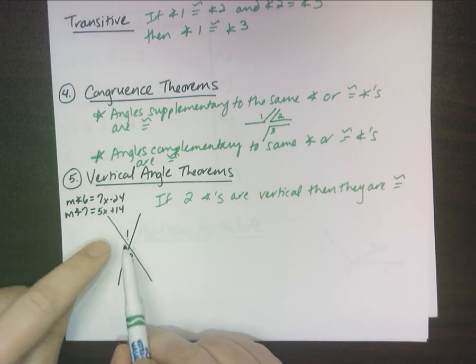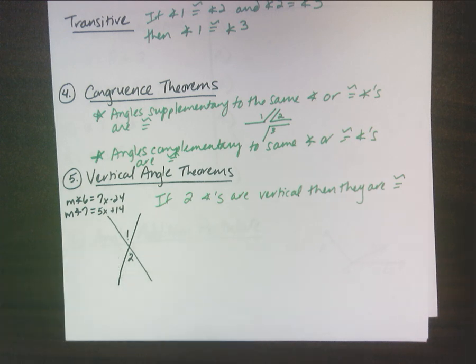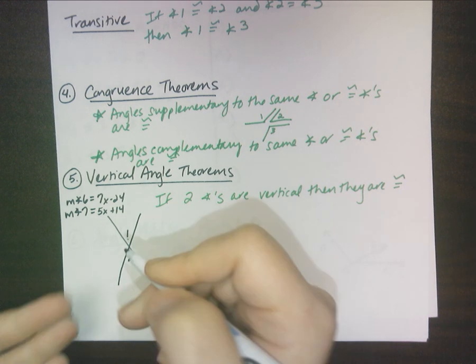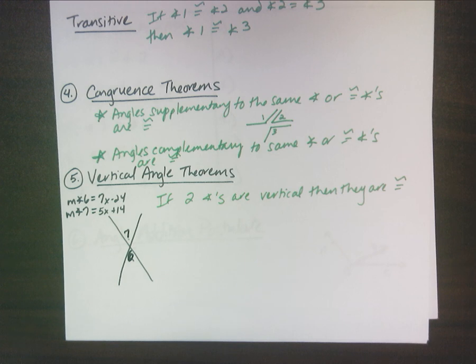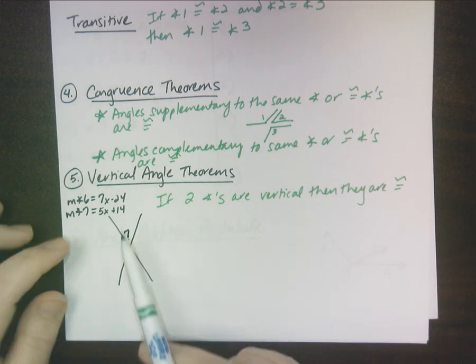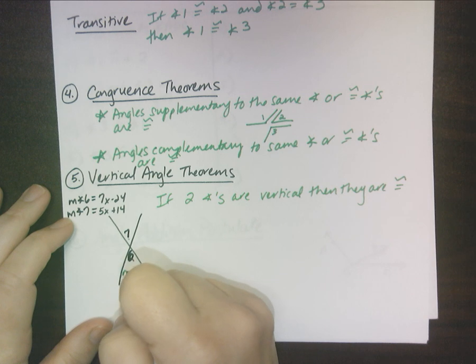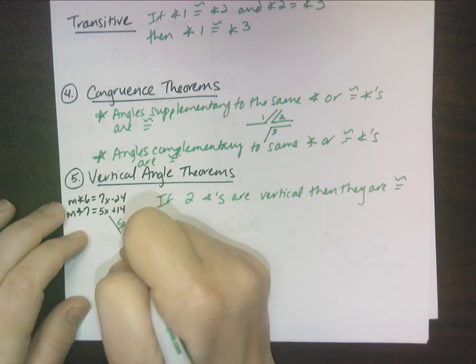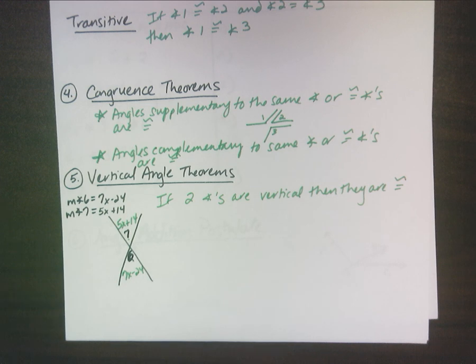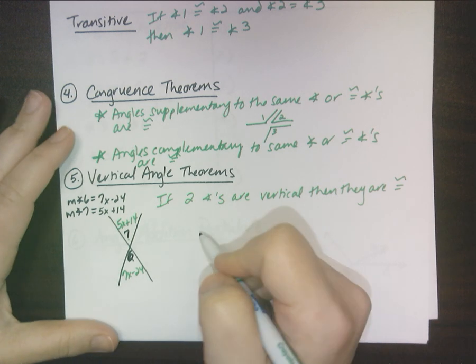So when I said 6 and 7, look at my notes there. I don't have a 6 or a 7, so let's just change that real quick. Here's a 7. Here's a 6. All right. If the measure of angle 6 is 7x minus 24, and the measure of angle 7 is 5x plus 14, and those two are vertical, then those two are equal.